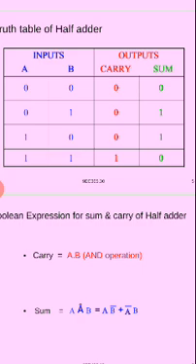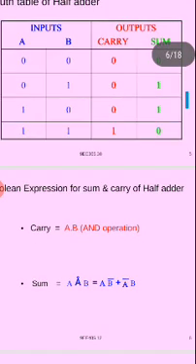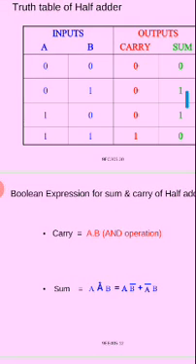For the 1 0 combination, carry 0, sum 1. For the 1 1 combination, carry 1, sum 0. This is the truth table of the half adder.